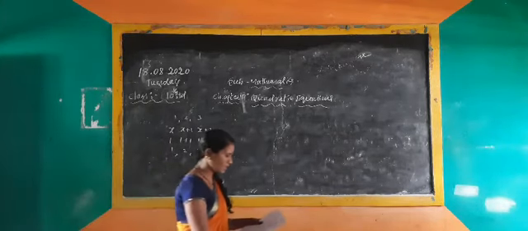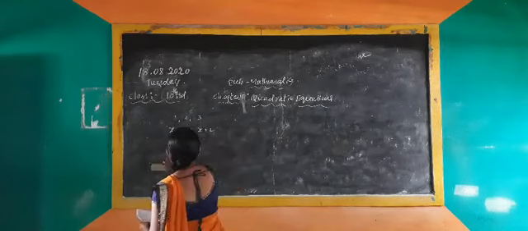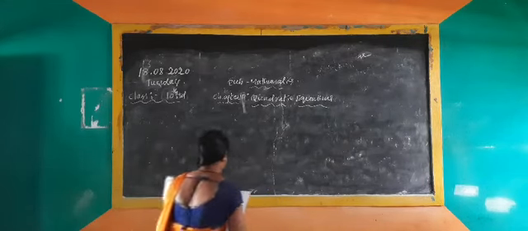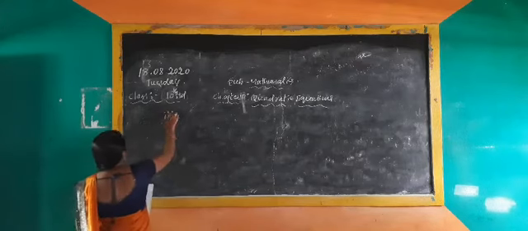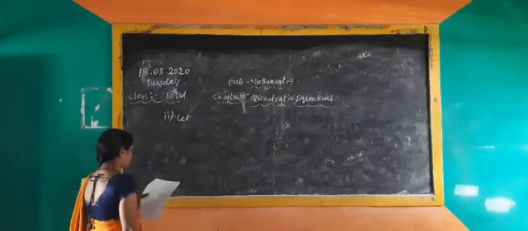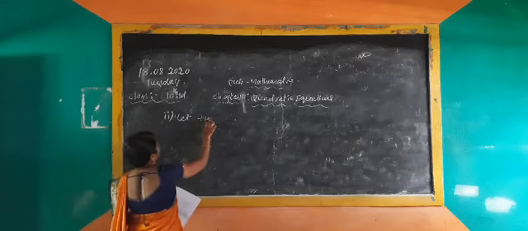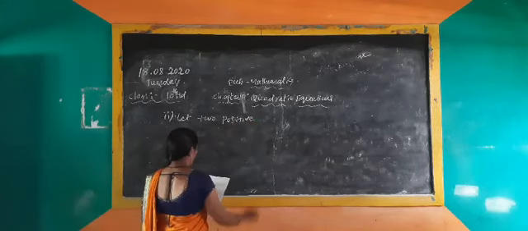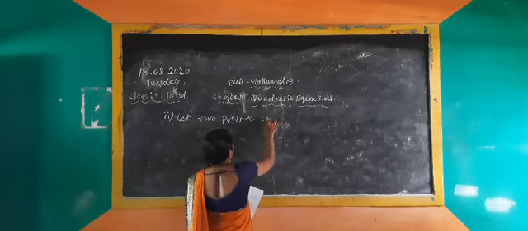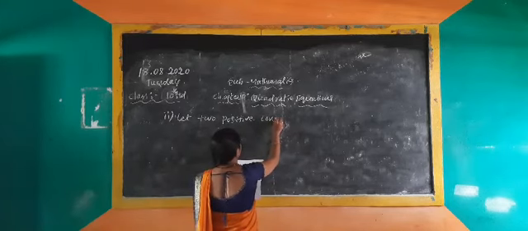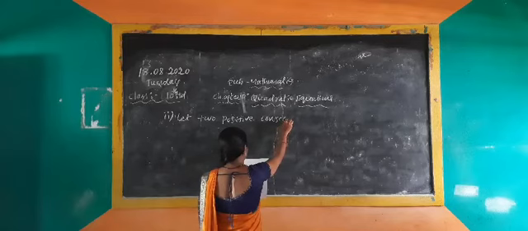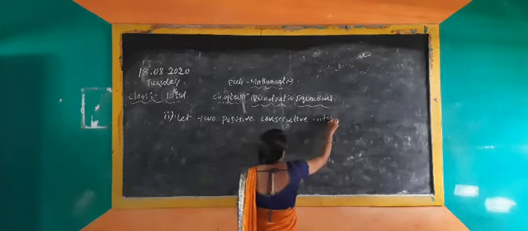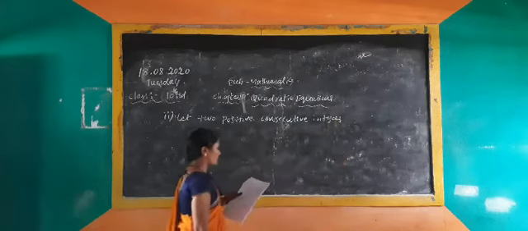Take the second problem. Let two positive consecutive integers. Here they said positive, that's why I am taking two positive consecutive integers. You understood now? Consecutive integers means continuous numbers.